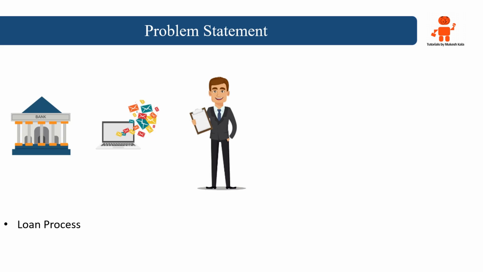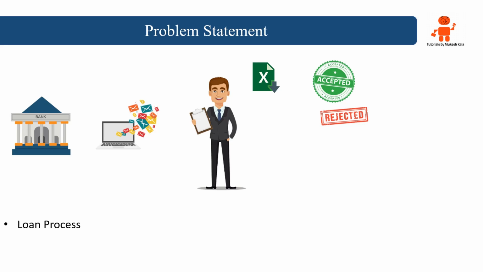Now there is a person in the loan department who goes through the email and validates whether the attachment which the email has is valid or not. Is the data inside the application proper or not proper? Is it following the bank standards? Is it following the loan requirement?